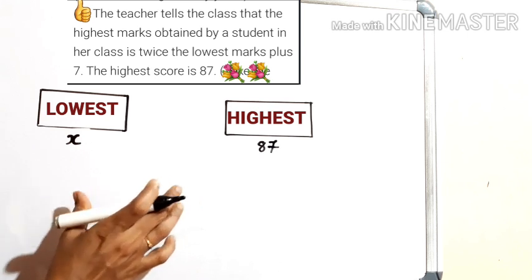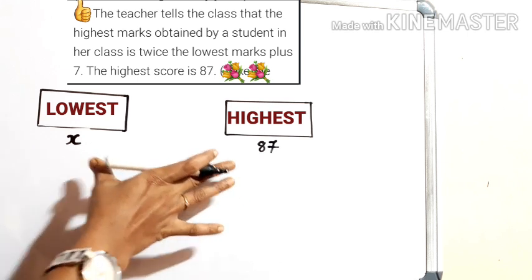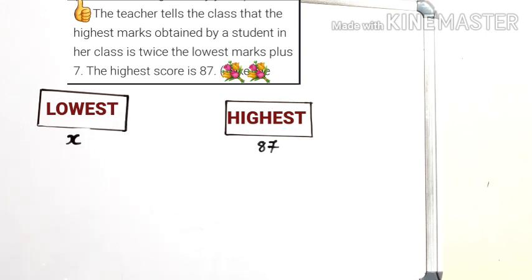To get that, first we have to form a simple equation. Right? Listen carefully. To form an equation, one hint is already given. The highest marks obtained by a student in the class is twice the lowest marks plus 7.